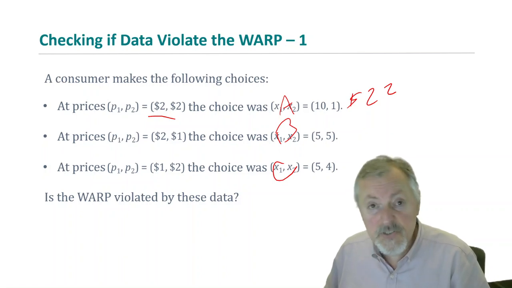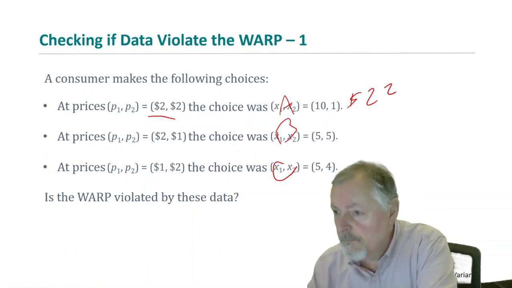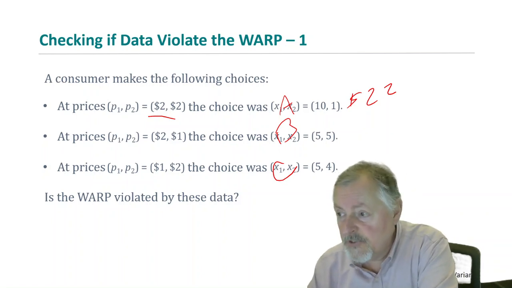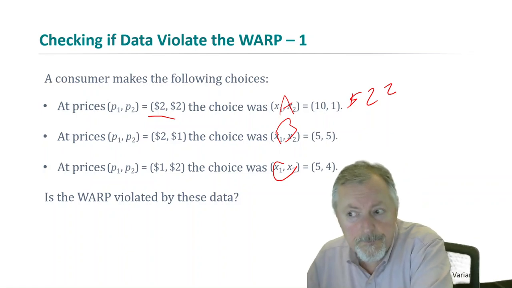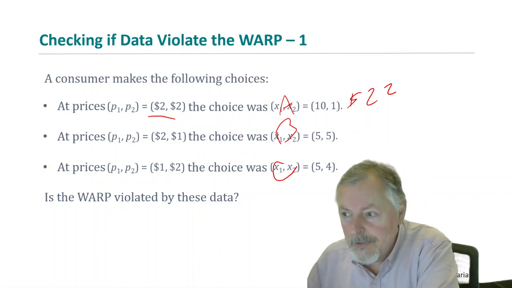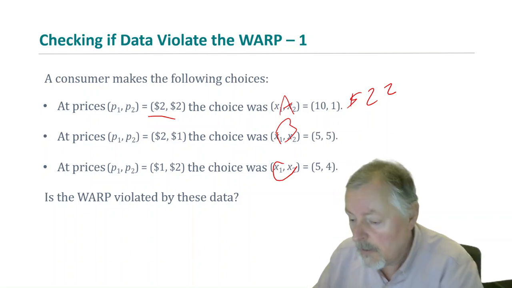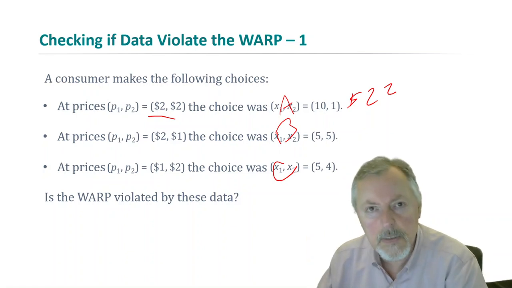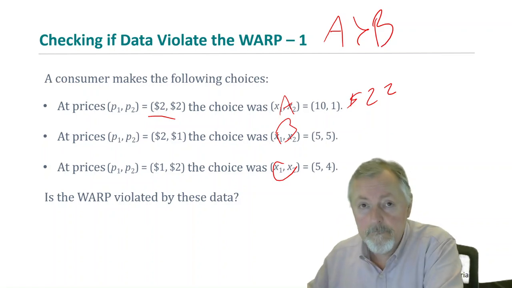Well, if the prices were $2 each, bundle B would have cost you 5 times 2 plus 5 times 2. It would have only cost you $20. So if you could afford bundle A, the $22 bundle, you could have afforded bundle B, and you didn't pick it. That tells us something. It tells us you have directly revealed you like A better than B.